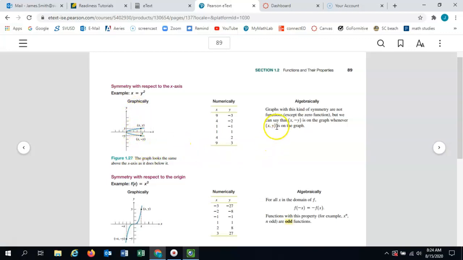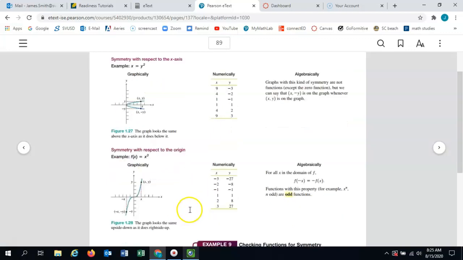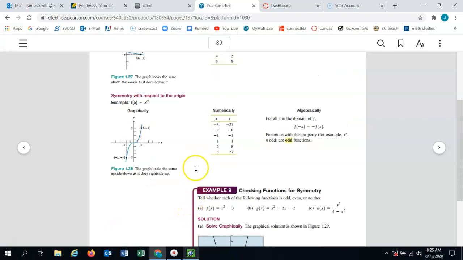There's a rule to it, right? So all that's happening, if you take any point and change the sign of the y-coordinate, you would get the mirror image on the other side of the x-axis. So there is a rule to this, and it does have symmetry, but it is not considered an odd or even function.